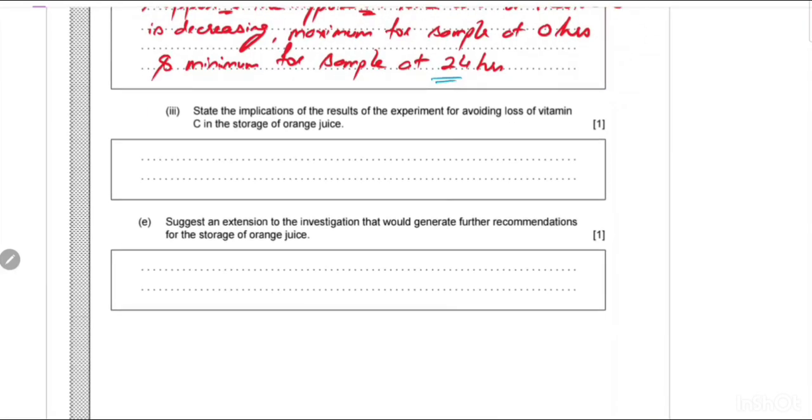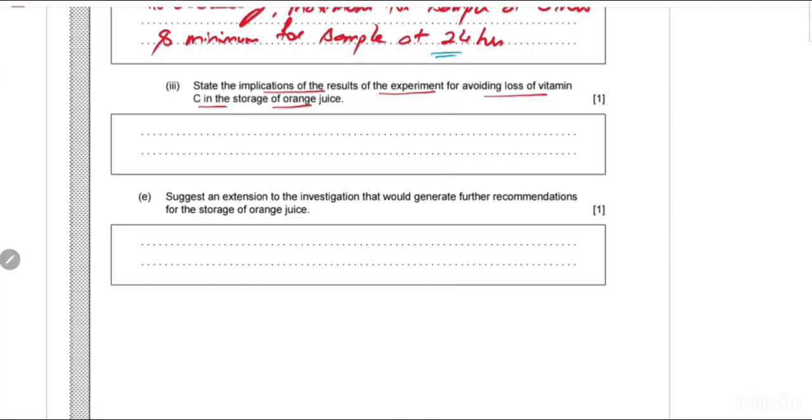Next is: state the implications of the results of the experiment for avoiding loss of vitamin C in storage of orange juice. When we are storing orange juices, we have to prevent loss, and by this experiment we found that the longer vitamin C is stored, the lower the ascorbic acid, after exposure to oxygen. If you keep it not exposed to air, in a sealed container, it can be used for a longer time.